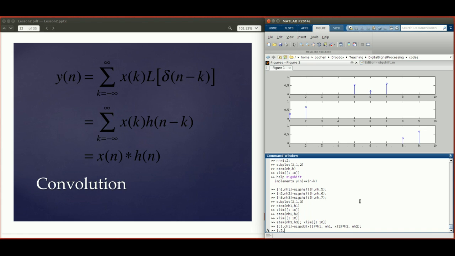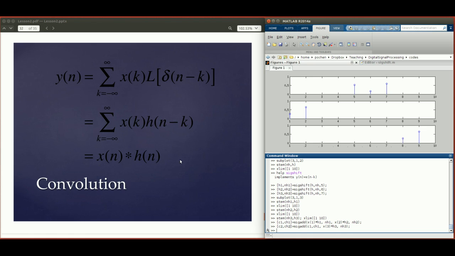Now let's call it C2, CH2 equals sig add, which is basically C1, CH1, and then X3 times H3, and then the horizontal axis is NH3. So that's going to be C2, CH2. It's going to be our convolution result.